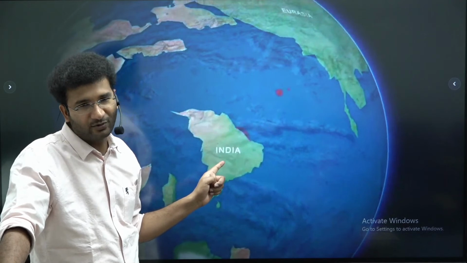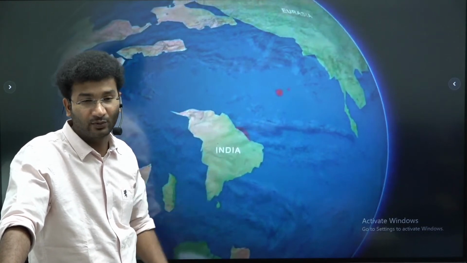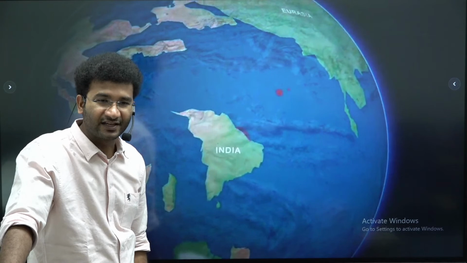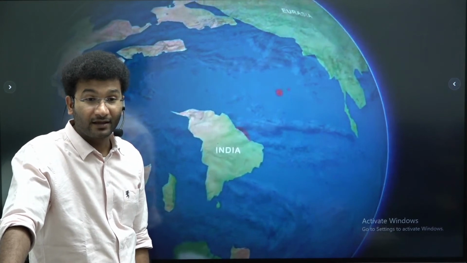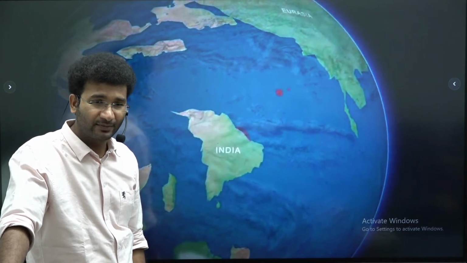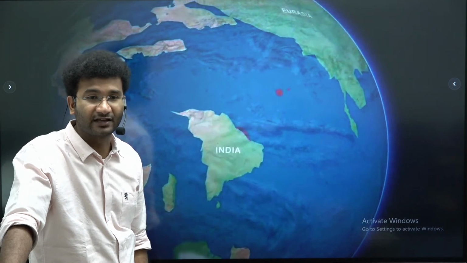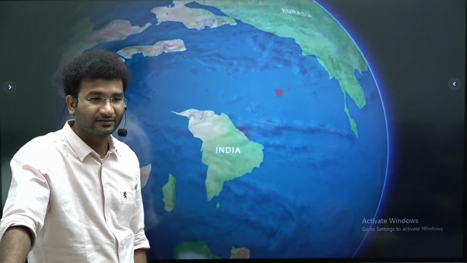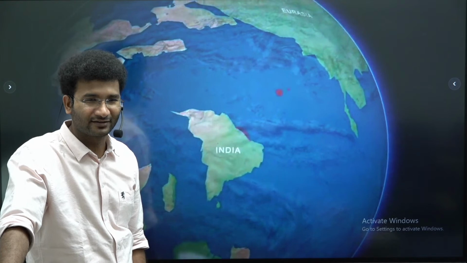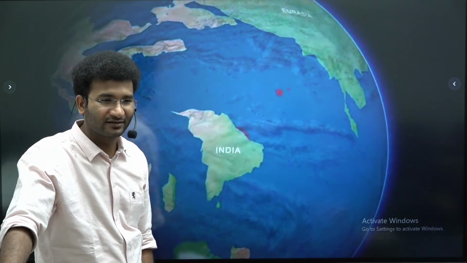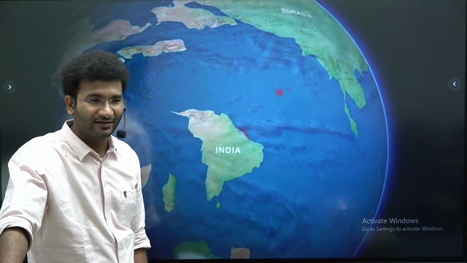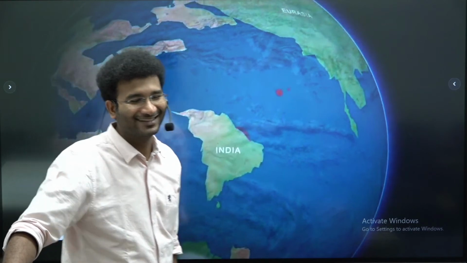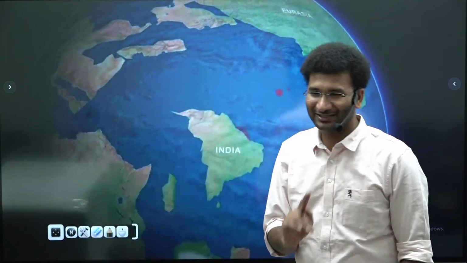We have studied about if there is a continental plate and an oceanic plate, which one will sink? If an oceanic plate and a continental plate is there, which plate will sink if they collide with each other? Why continent, yaar? Oceanic plate will sink. Yes, oceanic plate is heavier, so oceanic plate will sink.